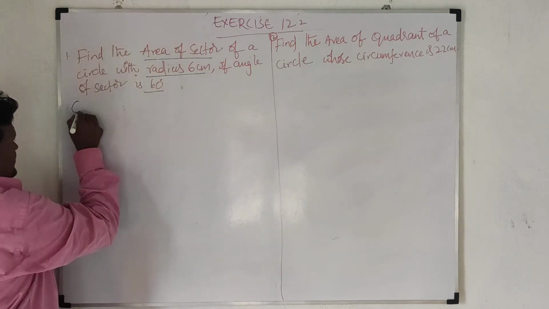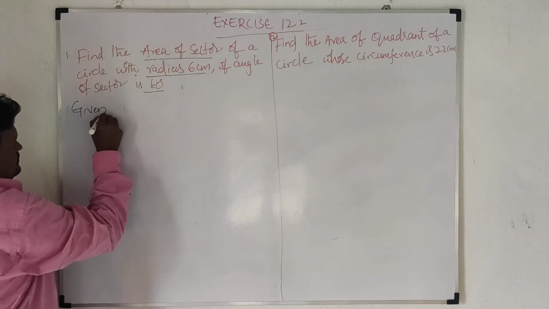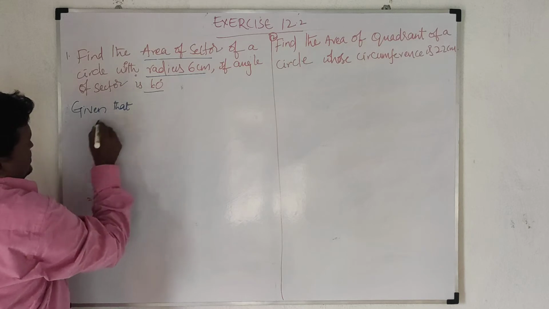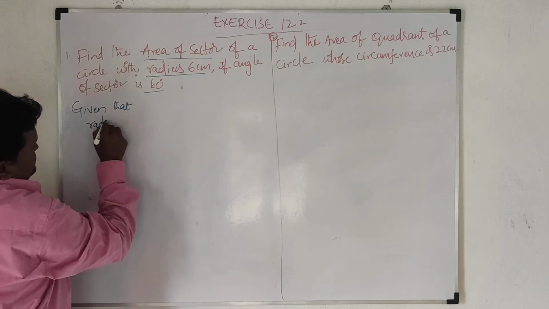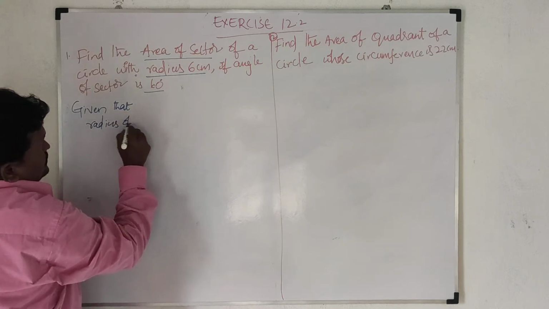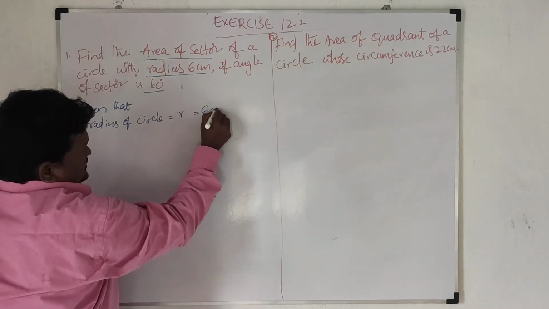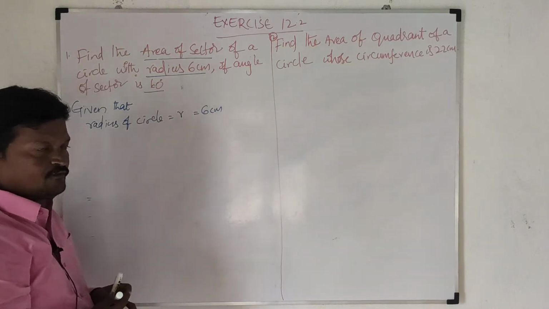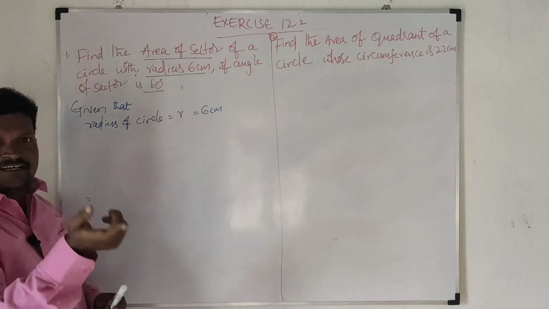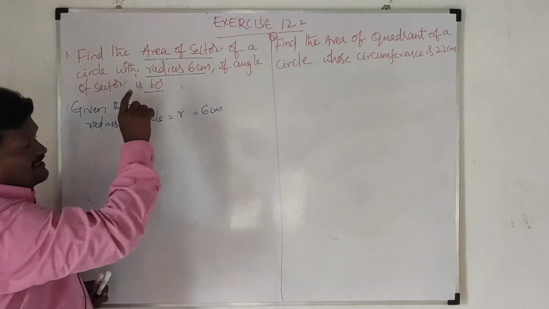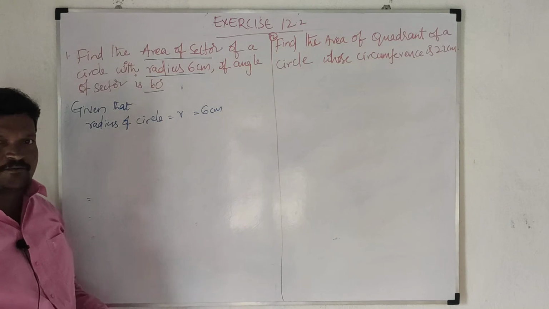It is given that the radius of the circle is equal to 6 centimeters. The radius of the circle and the radius of the sector are both the same. Why?